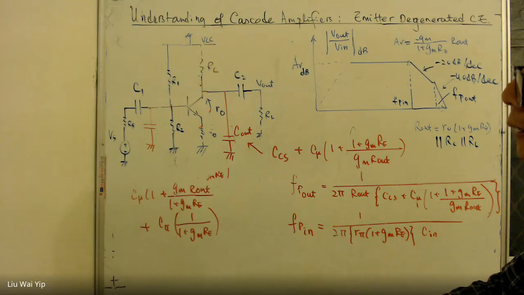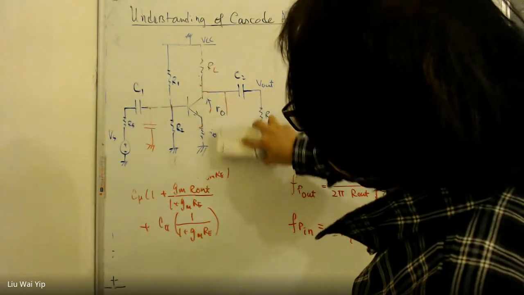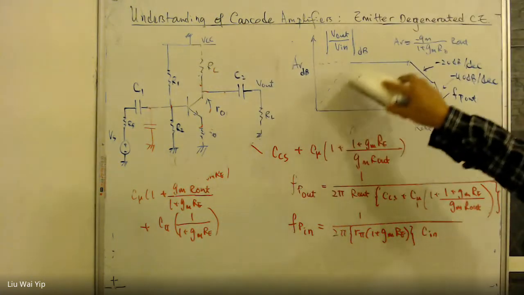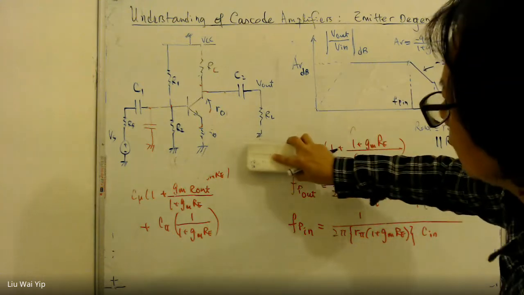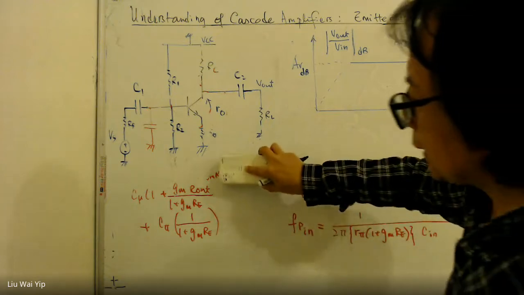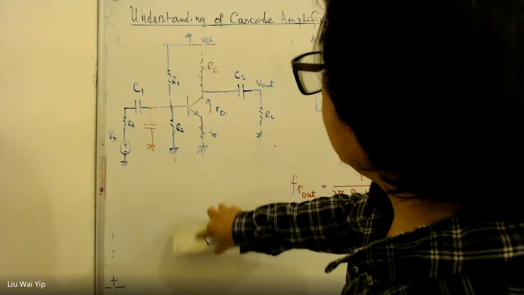So in other words, you can just safely eliminate this capacitance when dealing with the low frequency response here. So we take it out, and we take this out, and we take this out.